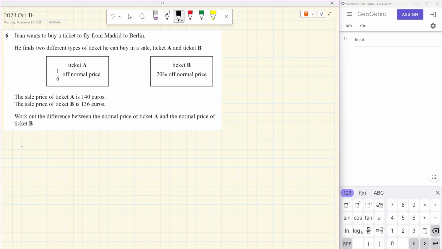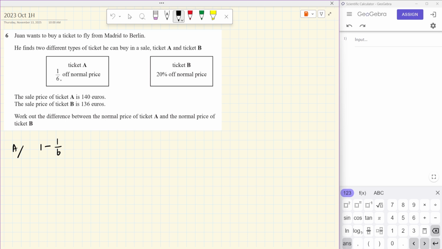Let's take ticket A. In ticket A, that is 1/6 off the normal price. So we need to find the new percentage. Actually here the percentage is given as a fraction. So we need to find the new fraction. How to find the new fraction? It is 1 minus 1/6 because this is percentage decrease.